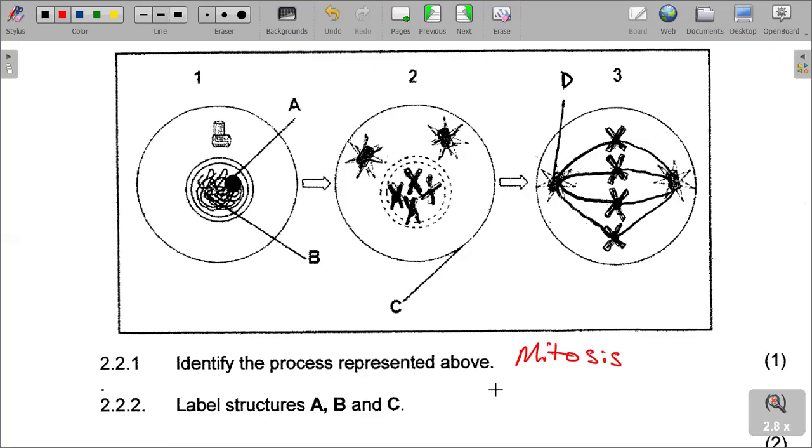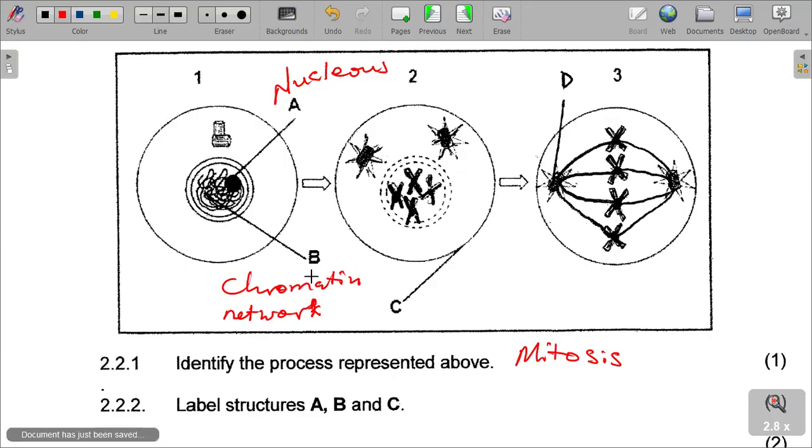Label A, B, and C. Label A: A is the nucleus. B is the chromatin network.